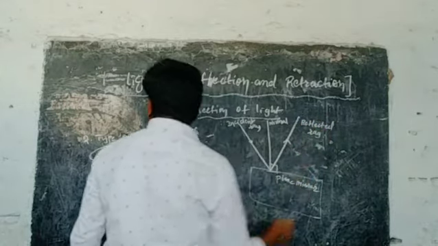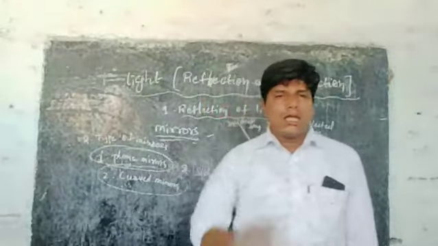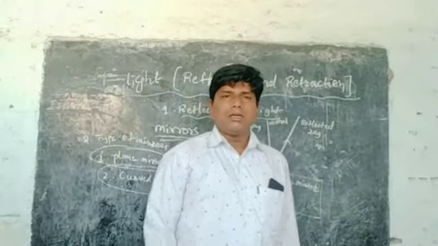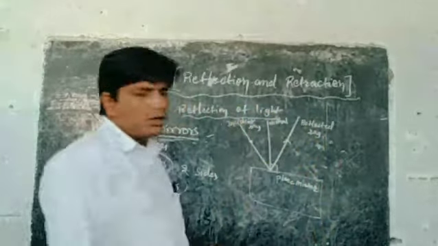I told you already what reflection of light is: the bouncing back of light after striking an opaque object. When light is incident on an opaque object, it hits the object and bounces back into the same medium. That is called reflection of light.